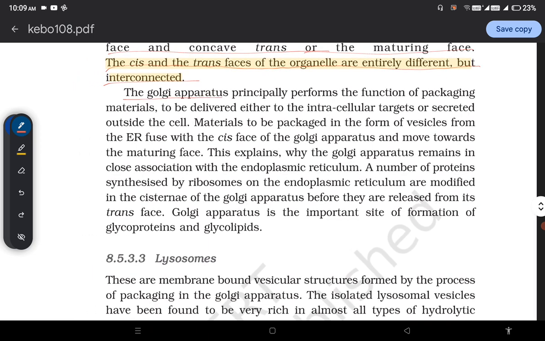The Golgi apparatus principally performs the function of packaging material. Golgi apparatus जो है principally perform करता है the function of packaging material का. Okay.